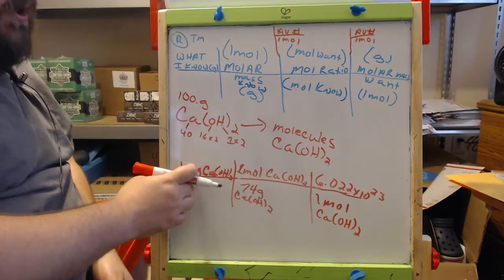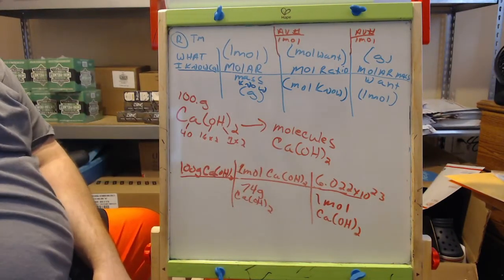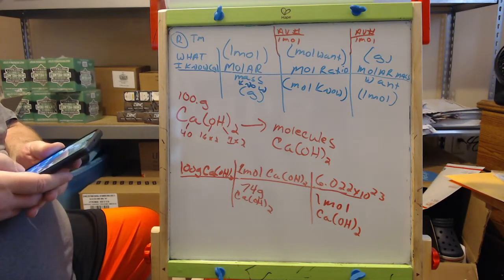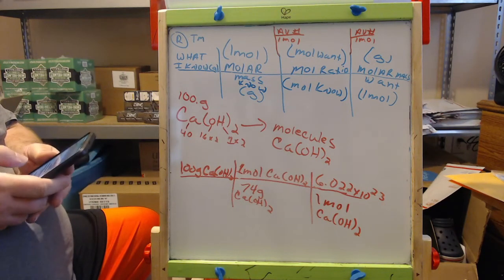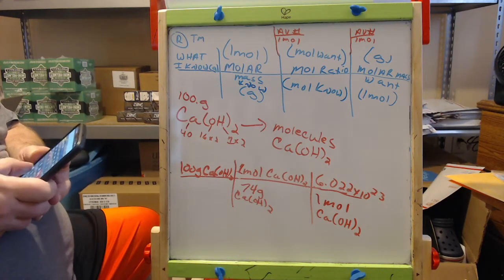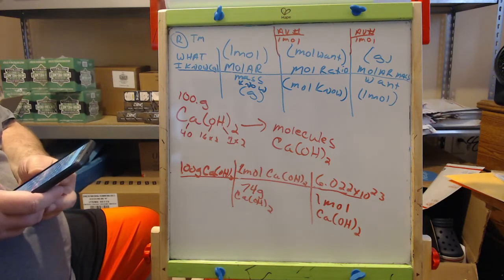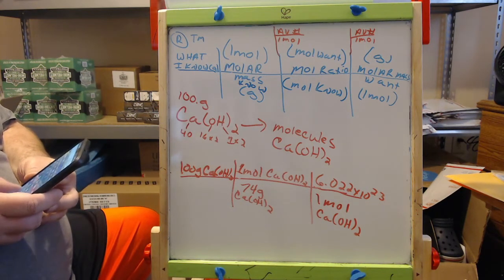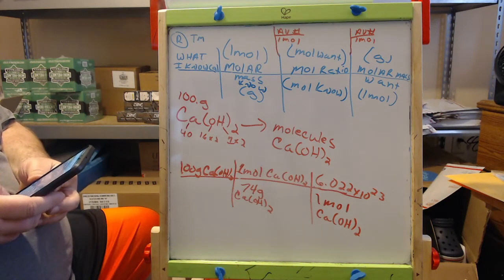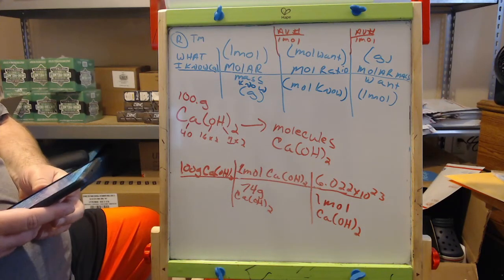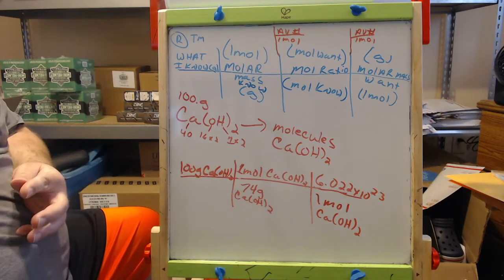So I would take 100 divided by 74, which is 1.35 times Avogadro's number, and I'm getting 8.14 times 10 to the 23rd.